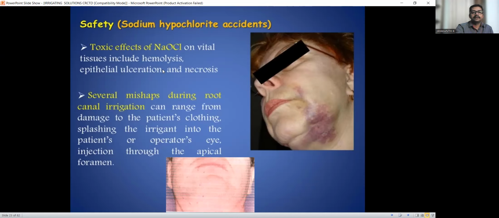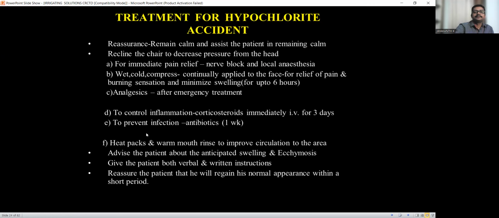It can result in hemolysis, epithelial ulceration, and tissue necrosis. These mishaps can range from damage to the patient's clothing, splashing the irrigant into the patient's or operator's eye, to injection through the apical foramen.